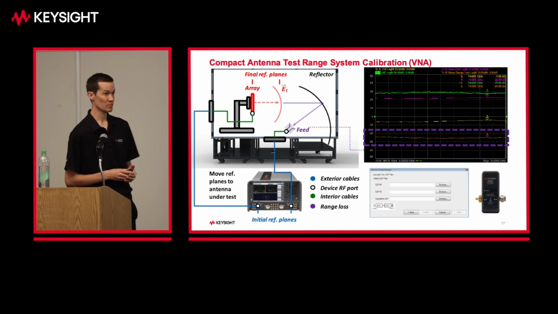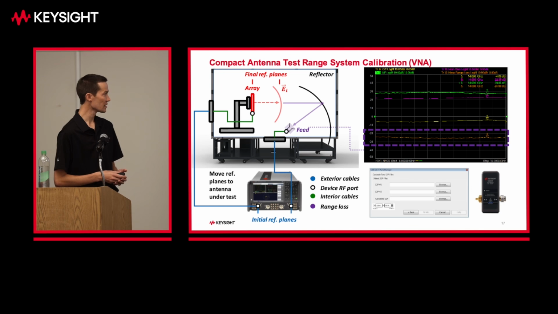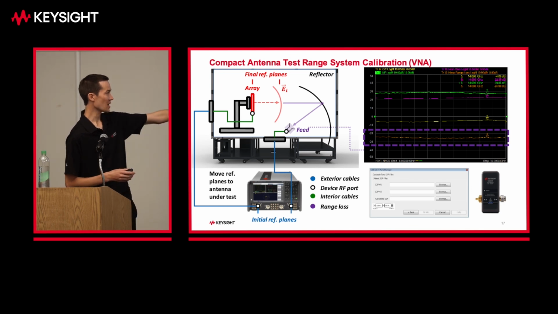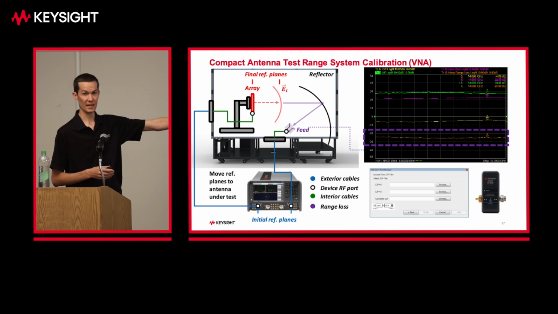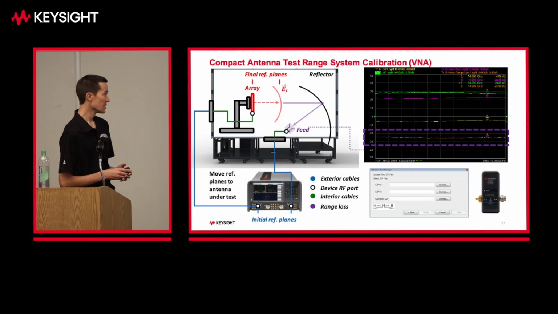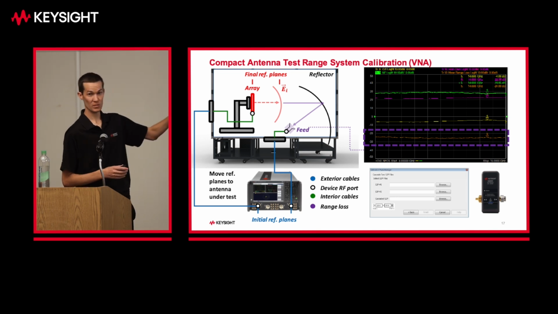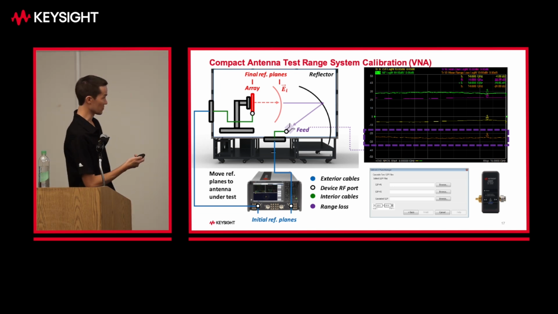So we need to measure it with a calibrated reference antenna, such as a standard gain horn. And we can use our CalPlane manager to embed an S2P file with the gain and the reflection coefficient for that antenna. And with that, we can calibrate out this range loss so that what you're actually measuring is the gain of your antenna under test. And that's a critical first step to doing these phased array measurements.